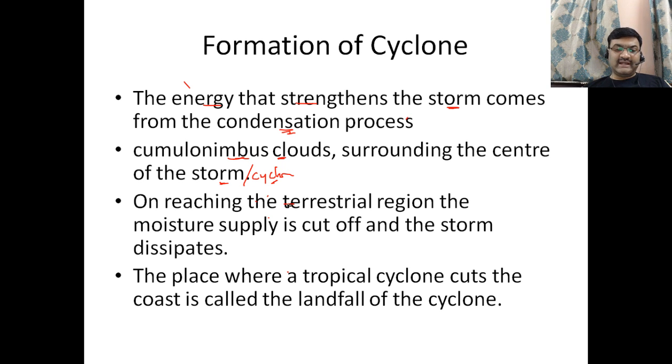On reaching the land, the moisture supply is cut off and the cyclone dissipates. The place where the tropical cyclone cuts the coast or collapses on the coast is known as the landfall of a cyclone. So this we have discussed.